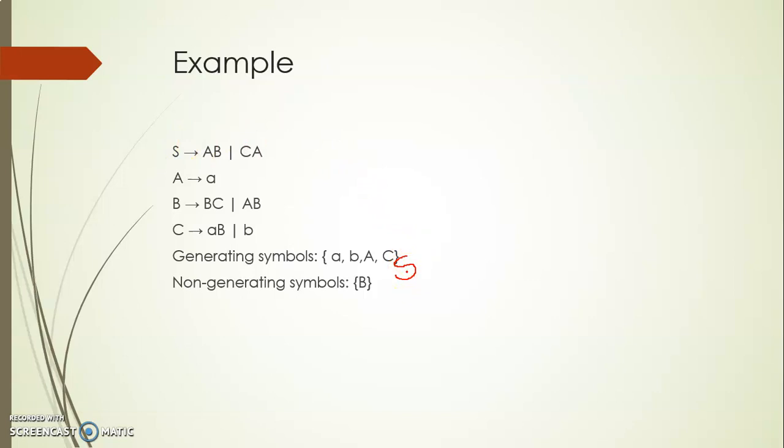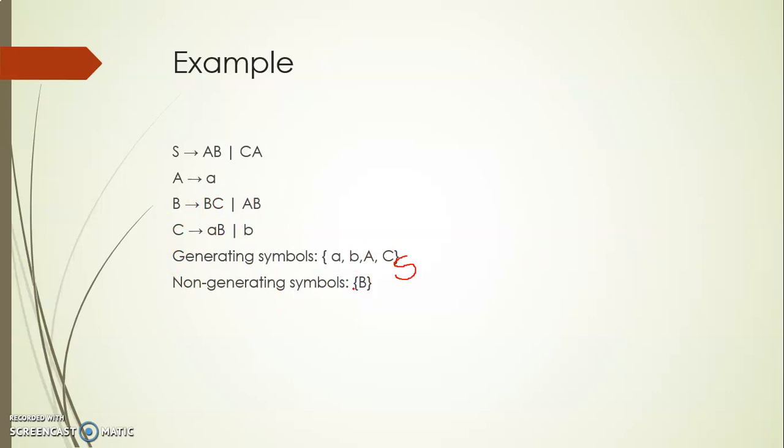Since I left it out earlier, I have included that as a different thing here. Already we know A is generating. B I could not conclude because it includes itself in its option. So I know A is generating and C is generating, but I do not know anything about B. Since I could not conclude anything about B, I am including that as a non-generating symbol.